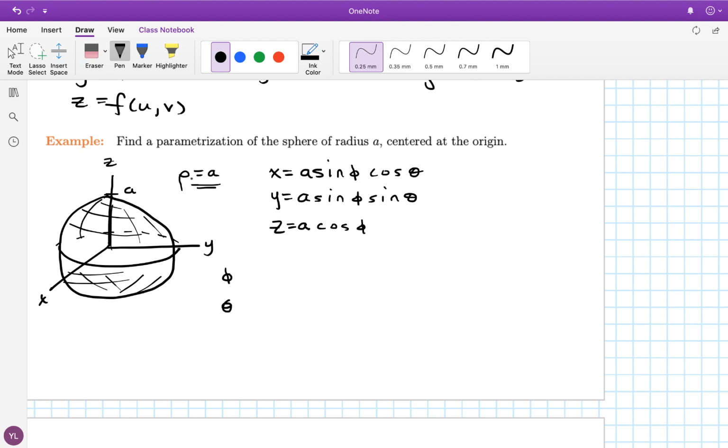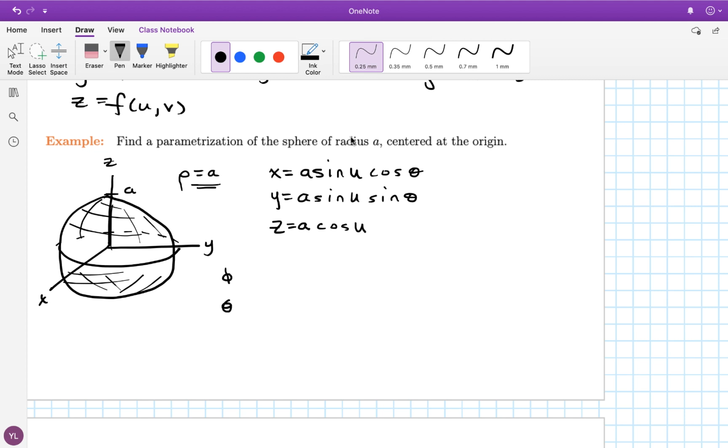Of course, setting rho equals a here allows me not to trace out the entire three-dimensional coordinate system with rho, phi, and theta. I'm just tracing out the surface of rho equals a, which is this sphere right here. So that's clever, right? Let me go ahead and switch over to the default variables in this chapter.